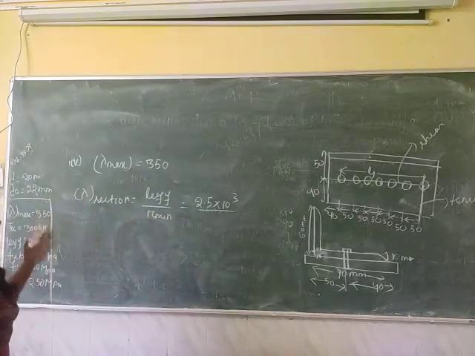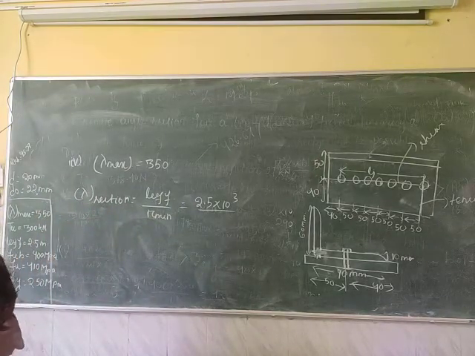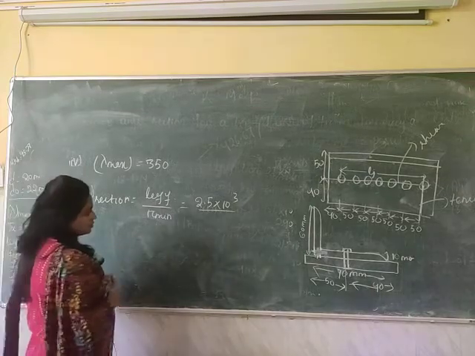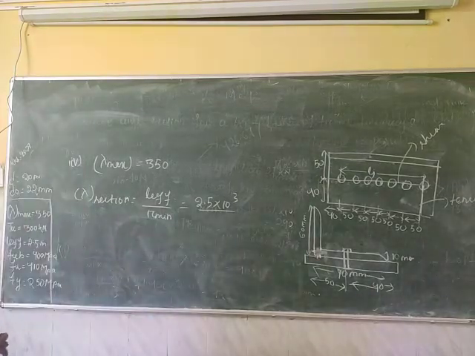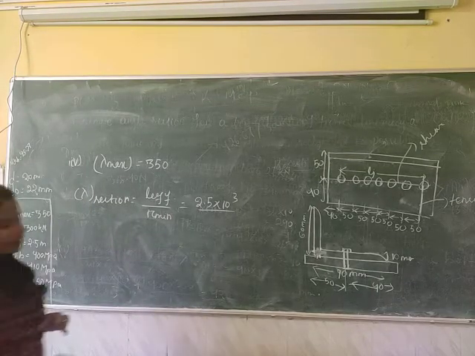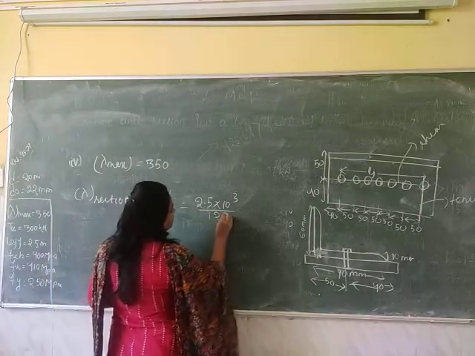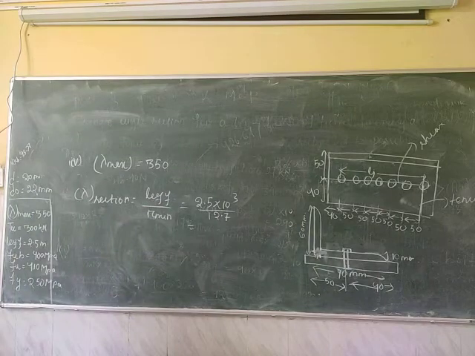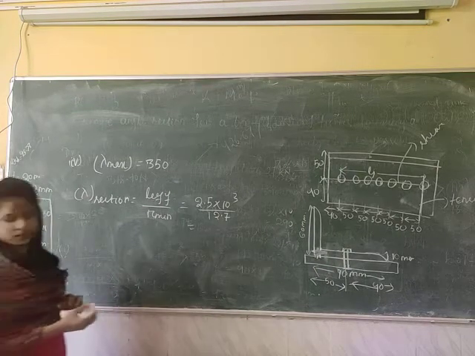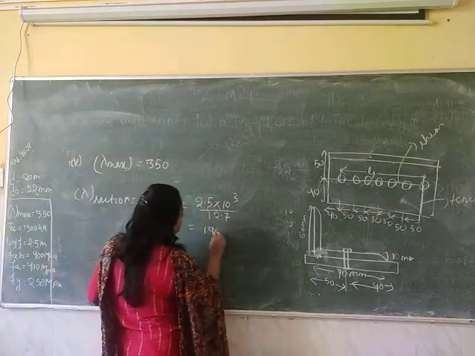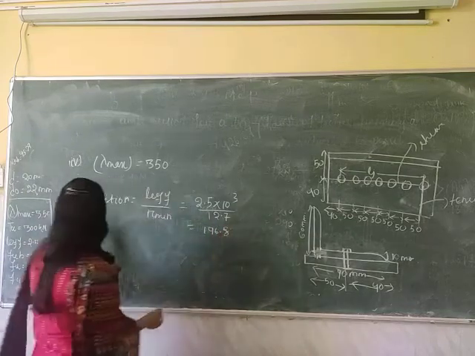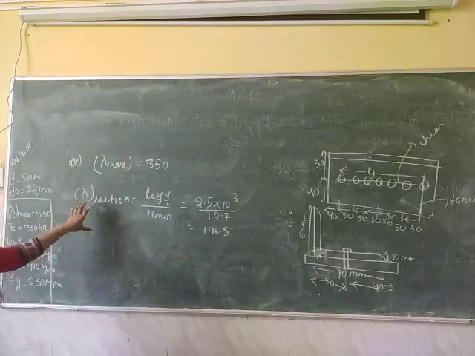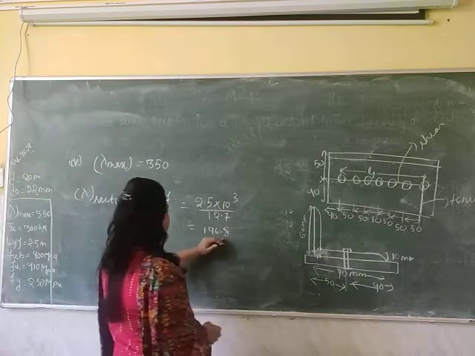So among these 4 radius of gyration values, take the minimum value as the minimum radius of gyration. Okay, so that value is 12.7. Just check the steel table. Okay, so this value is 196.8. Okay, so the slenderness ratio of our section is 196.8.